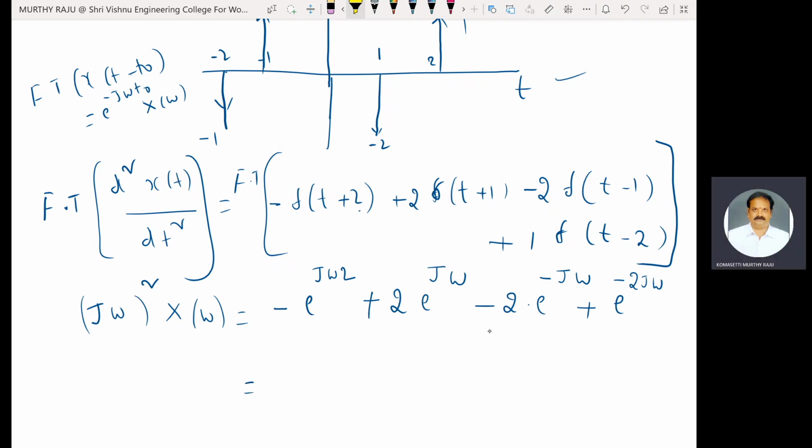Here e power j omega, e power minus j omega. Here e power j2 omega, e power minus j2 omega. Minus sign is common. e power j 2 omega minus e power minus j 2 omega.